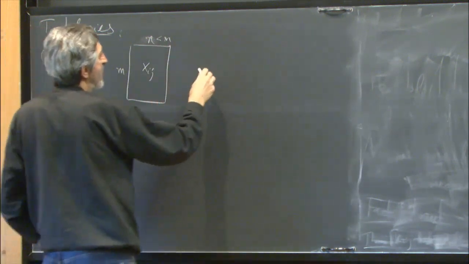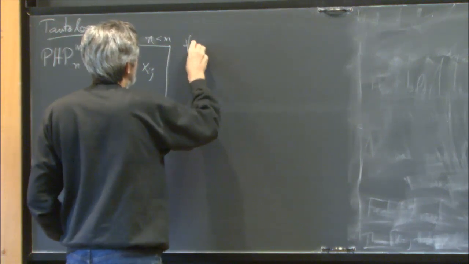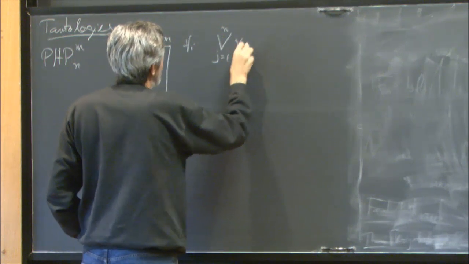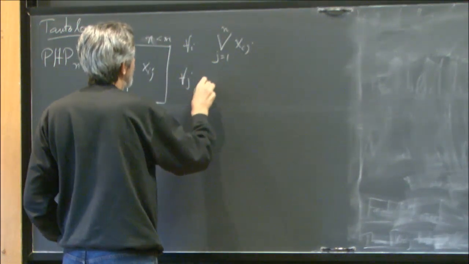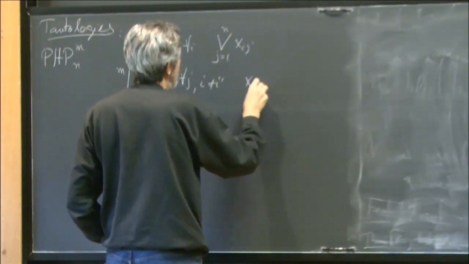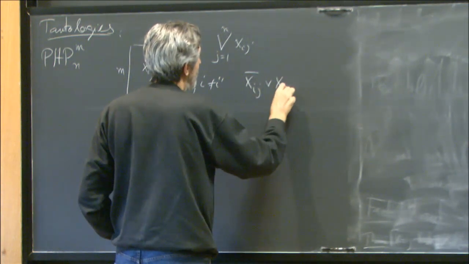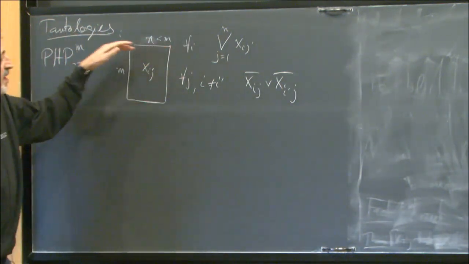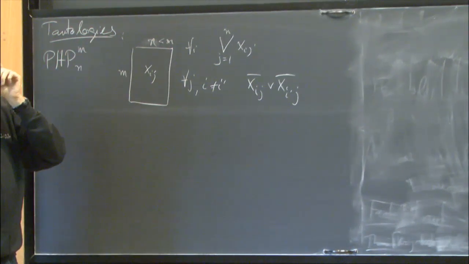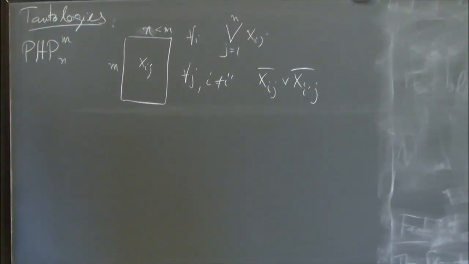And the tautology can be expressed in clauses. For every i, we have the disjunction of x_ij over j, and for every j, and for every i different than i prime, we have the disjunction of not x_ij or not x_i'j. So the first says that there is a 1 in every row. The second says that there are no two 1s in every column. So it's a collection of disjunctions. They are contradictory. What's the shortest proof here?